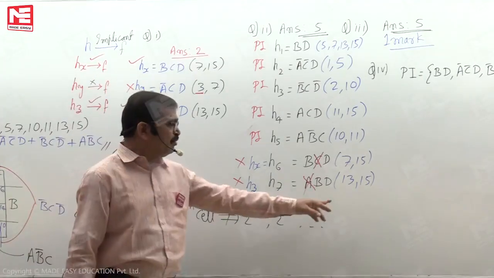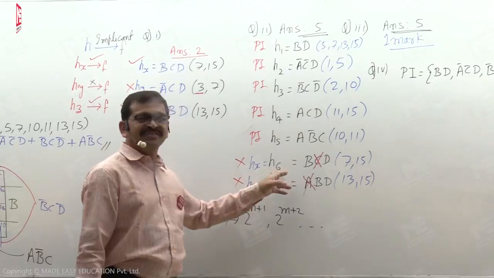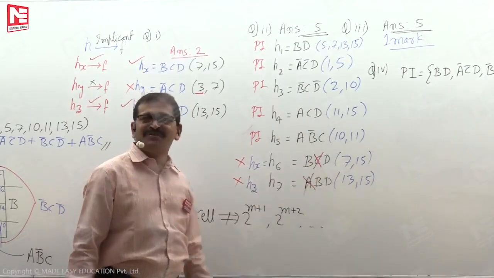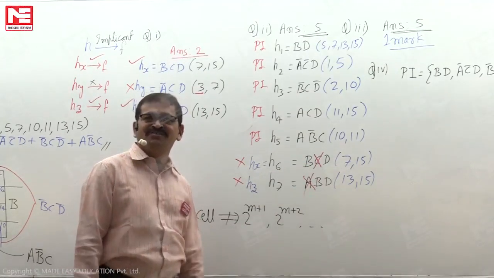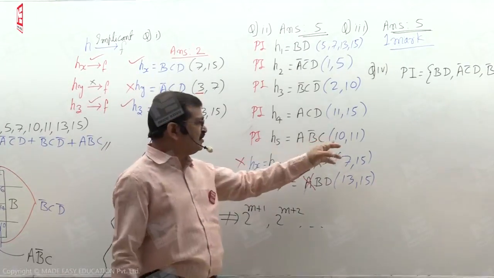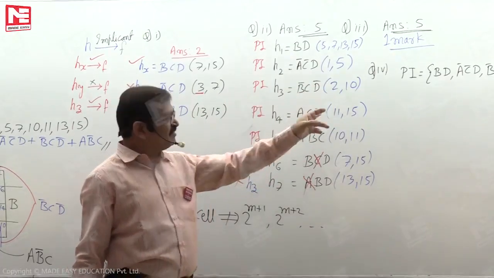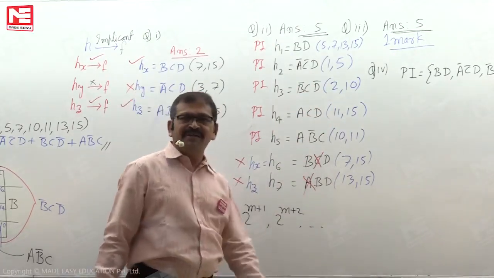Suppose I mark a subcube something like this, as 7 or as 6. The corresponding products are not with the minimum number of literals. But if I take a subcube like this 10, 11 or 11, 15, these subcube products result as prime implicants.